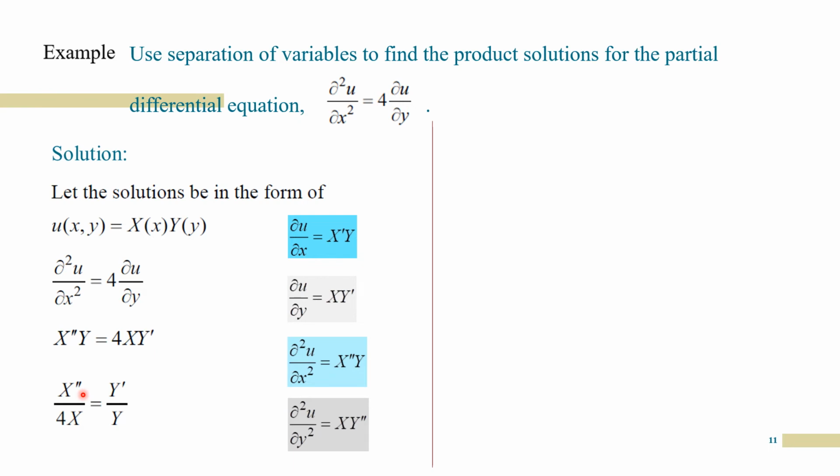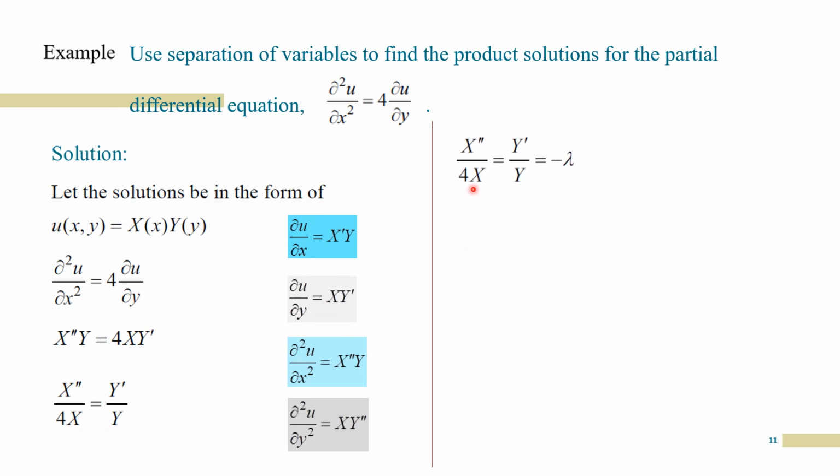X'' divided by 4X equals Y' divided by Y. So the function in x is placed on one side of the equation, and the function in y is placed on the other side of the equation. The constant 4 can remain on the right side, or it can be moved to the left side as shown in this expression.